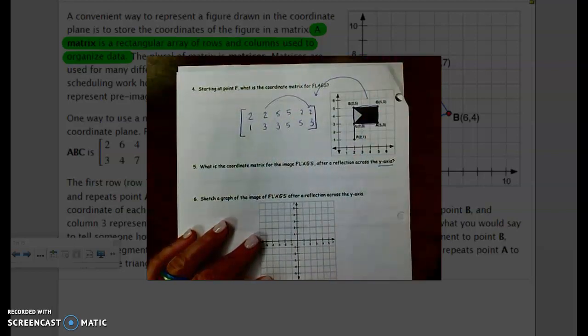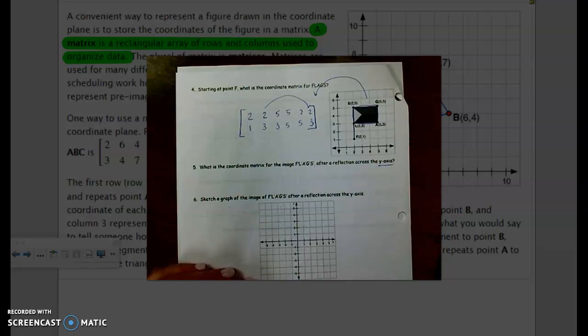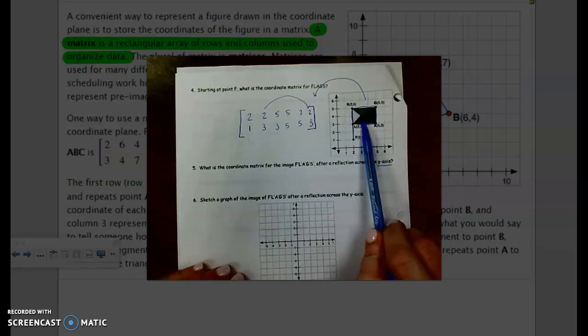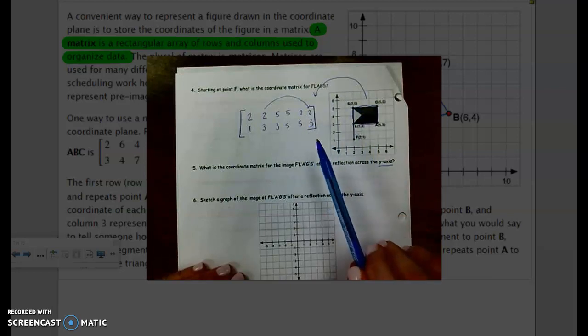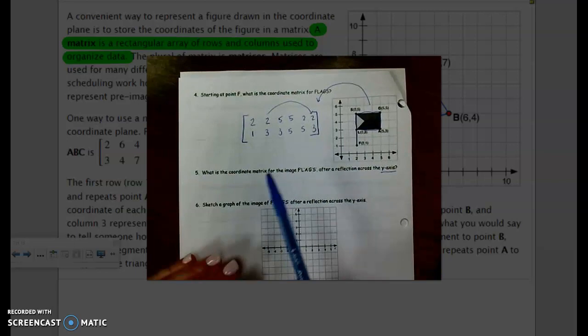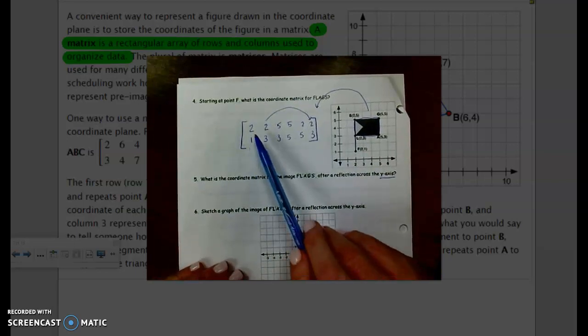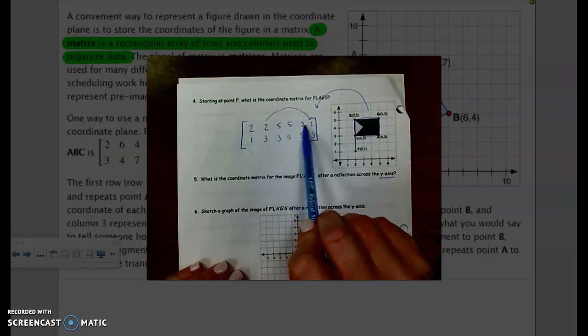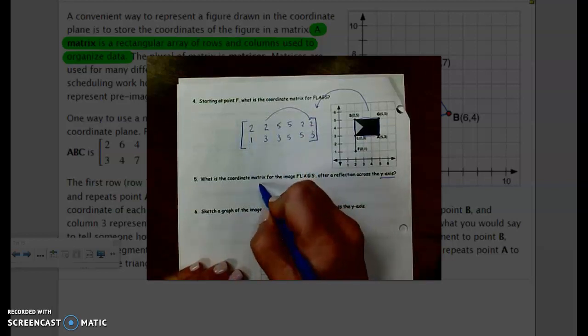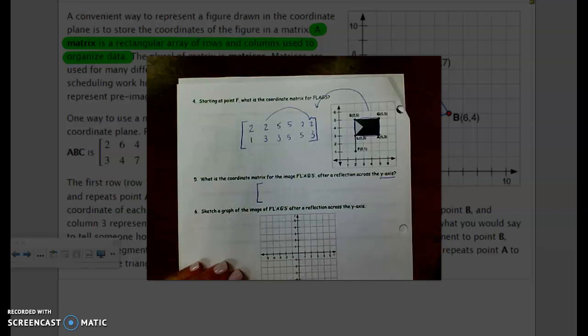So which coordinate affects the left to right movement of points? The x-coordinate does. And so remember, if you're reflecting across the y-axis, you're changing the sign on your x. So where are our x's in the coordinate matrix? They are this top row. So this entire top row will change signs in this new coordinate matrix for that reflection.